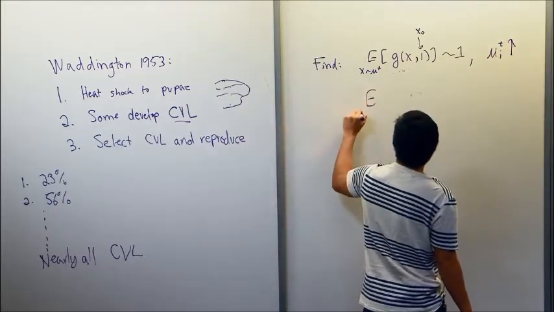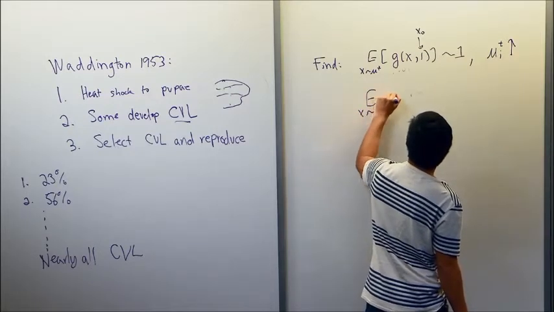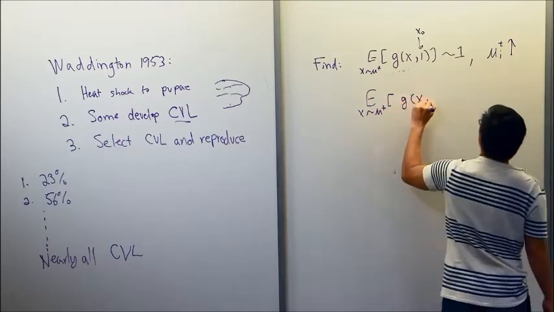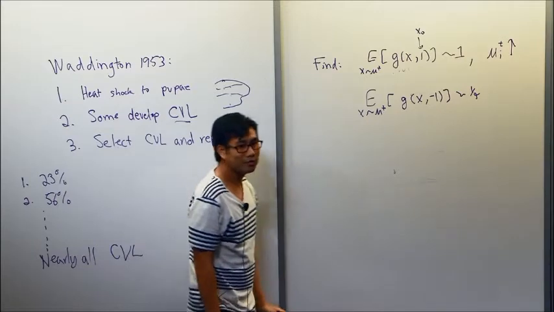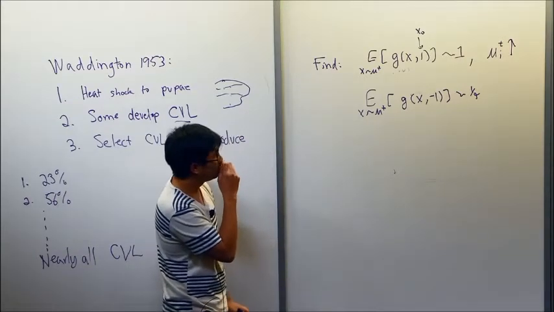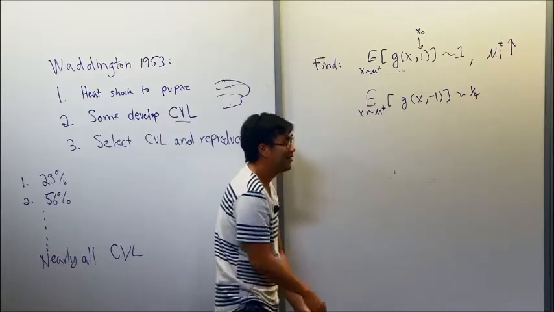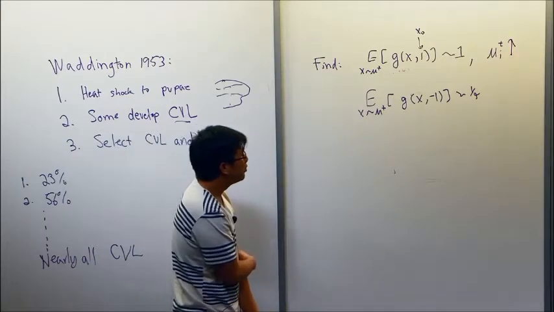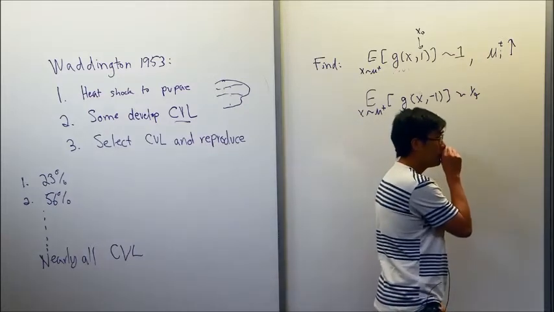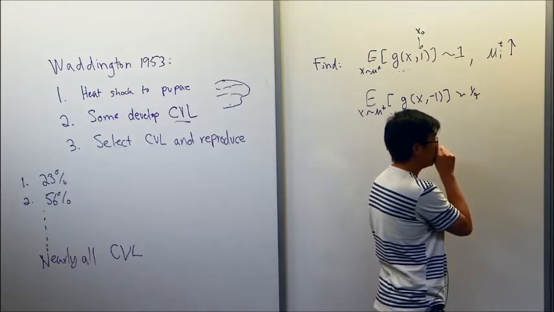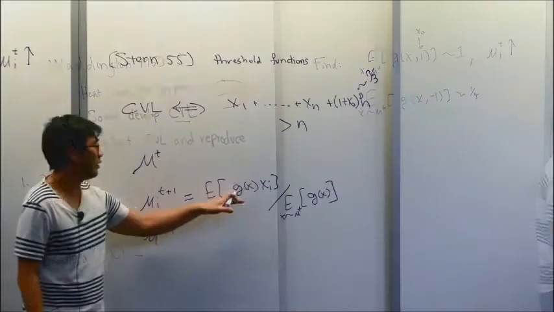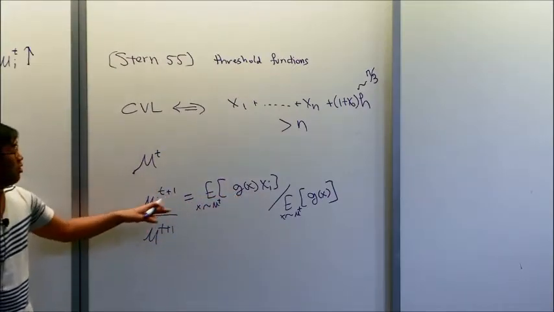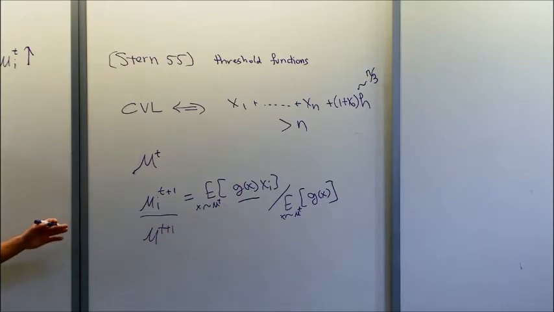And what this means is that the function will also be satisfied when no heat shock is applied. Mu i is the fraction of flies at this given generation with gene i, for instance? Sorry, so mu i is the average value of gene xi over the flies that had the cross-veinless wing feature. Yeah, thanks. Does that make sense?